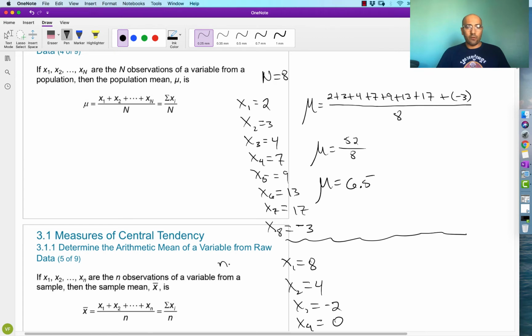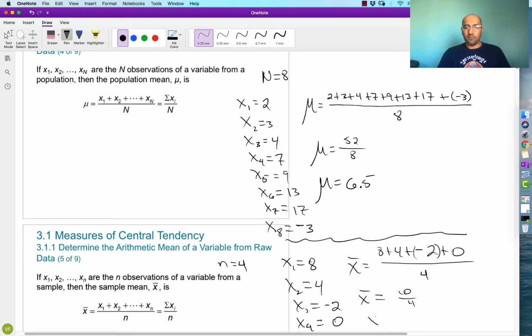So here lowercase n equals 4. As you see, the formula is identical. All you have to do is add the entries, which is 8 plus 4 plus -2 plus 0, divide that by 4, and we get 10 divided by 4.